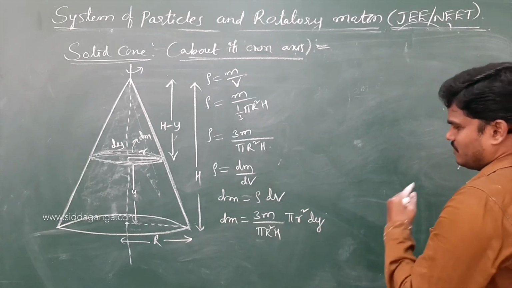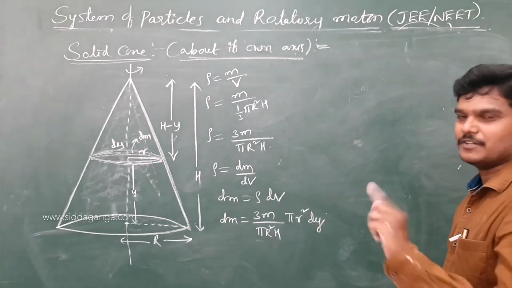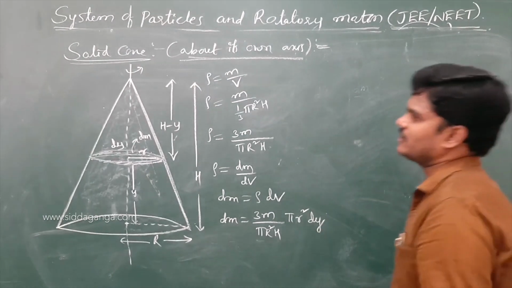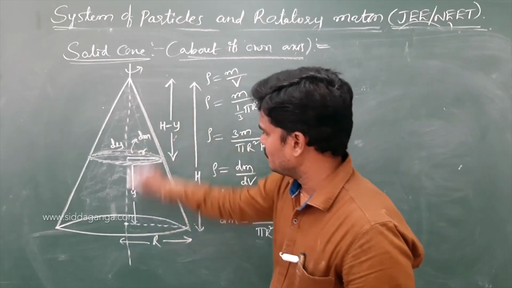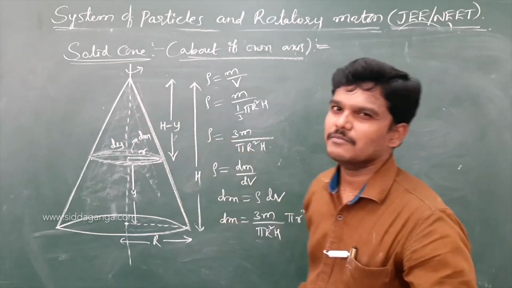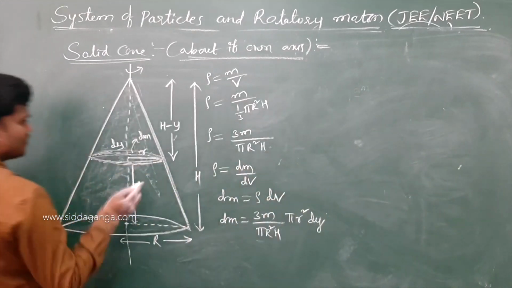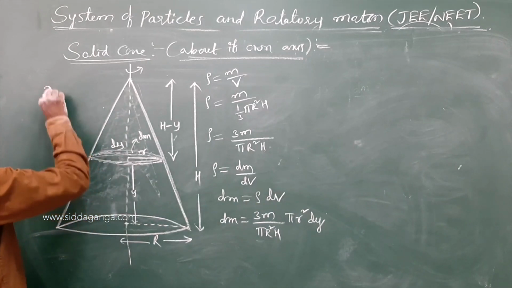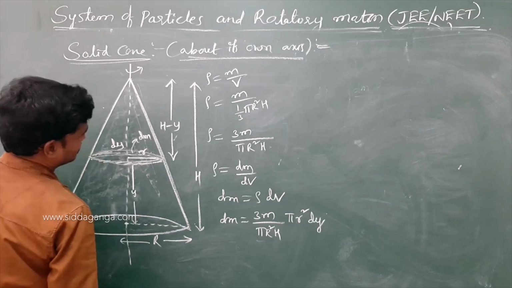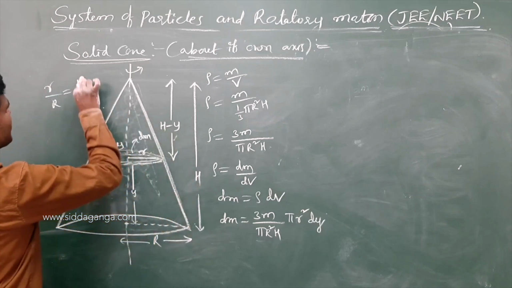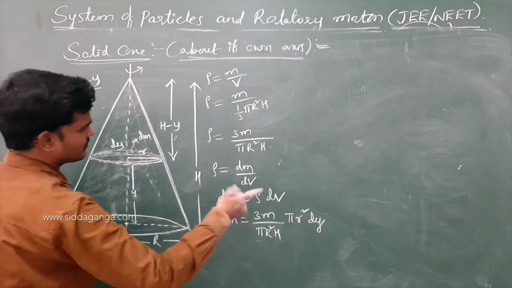And see, some different terms are there, r and y. So we will do one thing: either we convert r into y or y into r, any one. To convert this, let us use the triangle method. See, this is one triangle, and one more triangle. Compare side by side, base by base. So let me write it like this: small r by capital R equals small height h minus y by capital H. Let us convert r into y, otherwise y into r, any one.